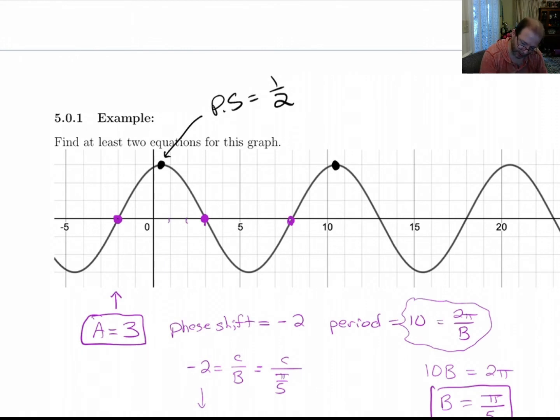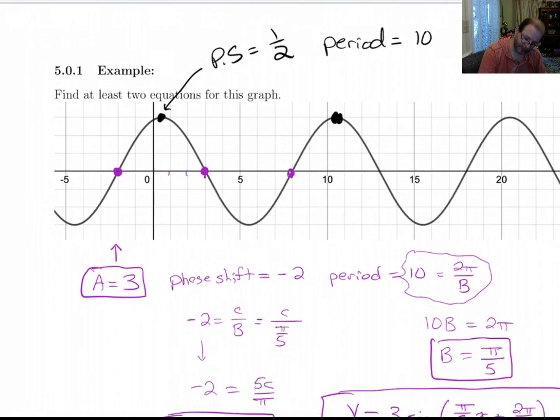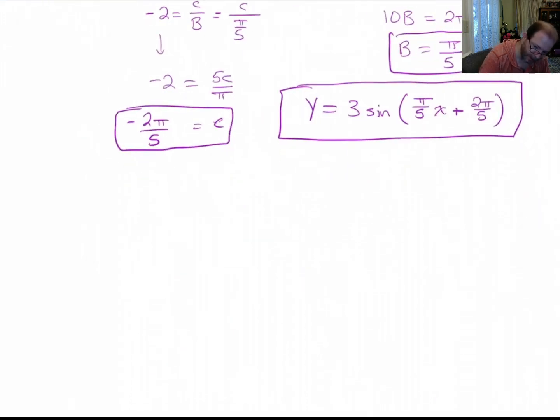And the period is the same as it was before. The period's still 10 because we go from 1/2 here to 10.5 here. So phase shift of 1/2, and the amplitude is still 3. So let's come down here and write that out.